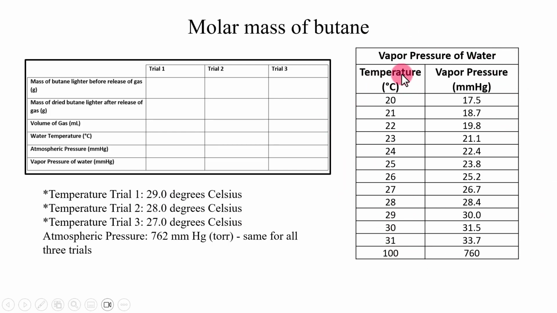So we find the temperature, 29 degrees, and the vapor pressure that corresponds to that temperature is 30 millimeters of mercury. So that's what's going to go to trial 1 here. Then for trial 2, you go to 28 degrees and you write that vapor pressure and so on and so forth. So this is how we fill out the table with all the information that we need.